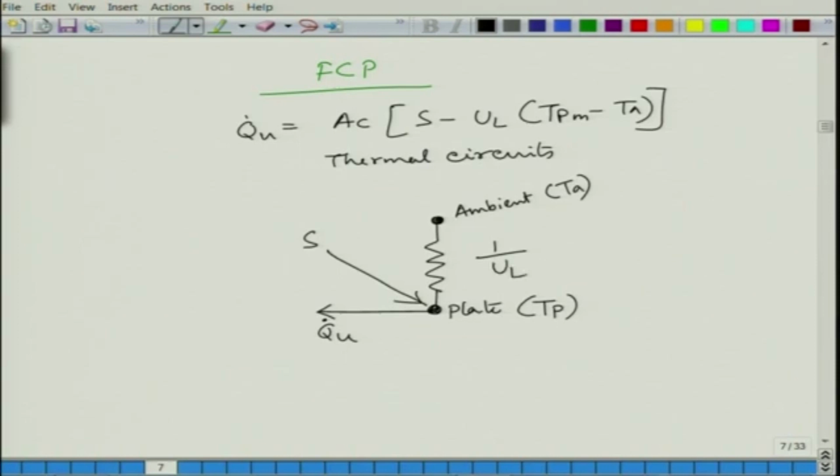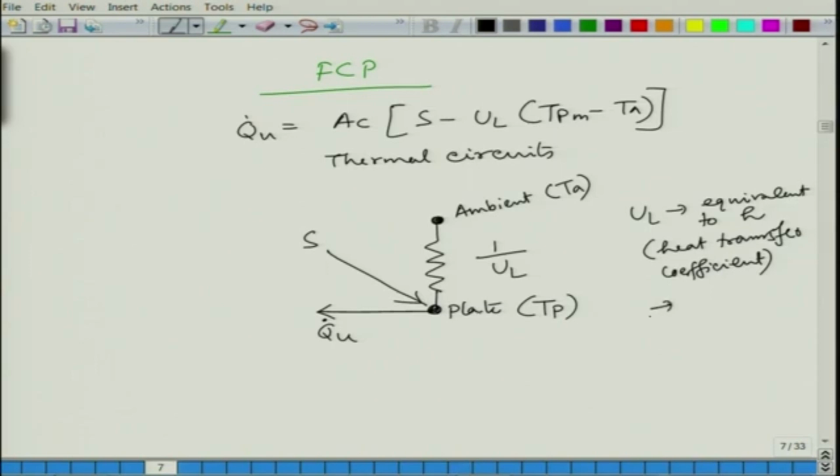Okay. So, UL you can think of as equivalent to h, the heat transfer coefficient. And so the thermal resistance is the reciprocal of that, 1 over UL.